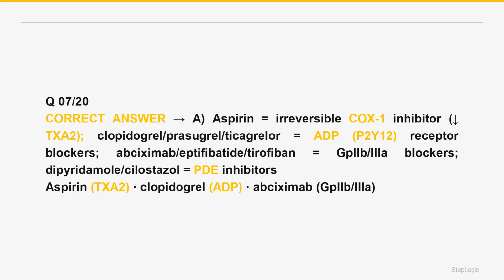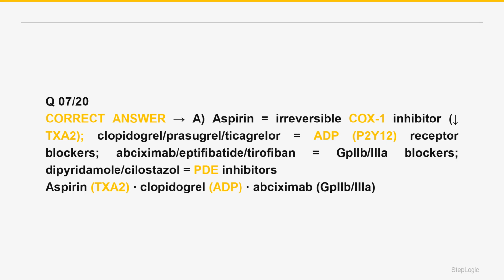The GP IIb/IIIa receptor inhibitors are abciximab, eptifibatide, and tirofiban. They block the final step of platelet aggregation: the GP IIb/IIIa receptor binds fibrinogen to cross-link platelets, and they are used acutely in PCI or acute coronary syndromes. Dipyridamole and cilostazol inhibit phosphodiesterase, raising platelet cAMP, and are also vasodilators.